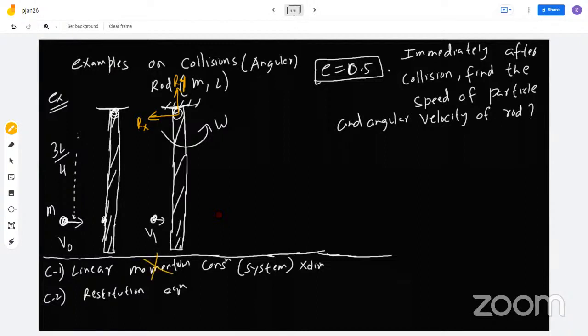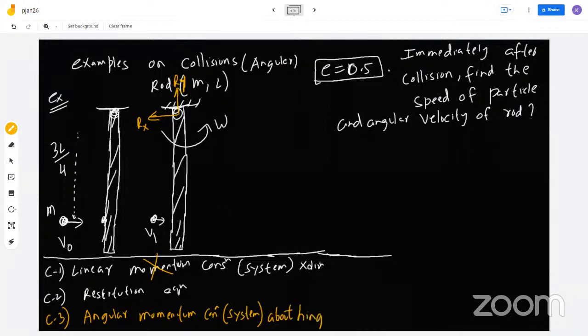So, the third concept is angular momentum. Okay, so you want to conserve angular momentum of the system about which point? About the hinge.